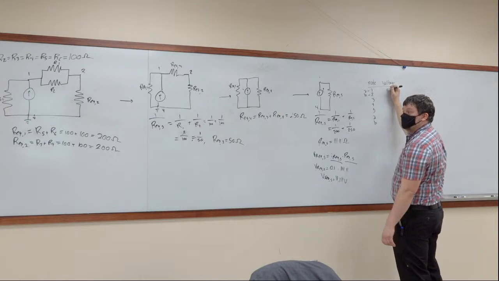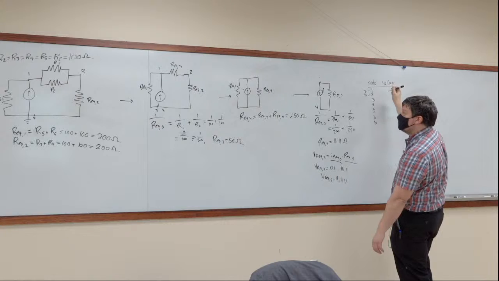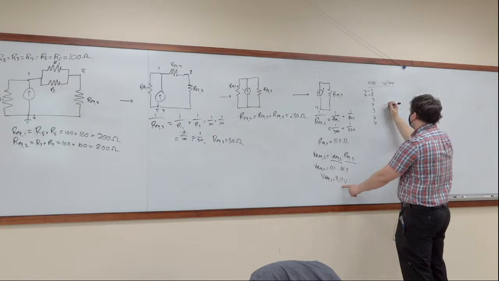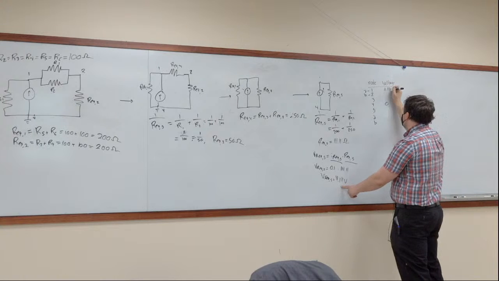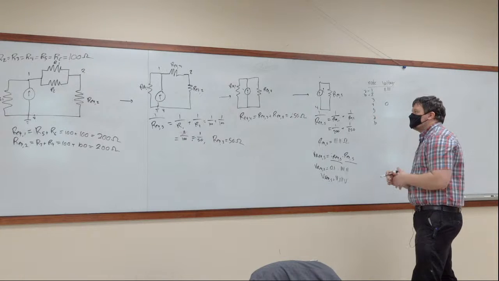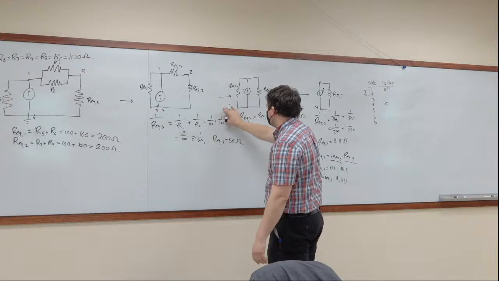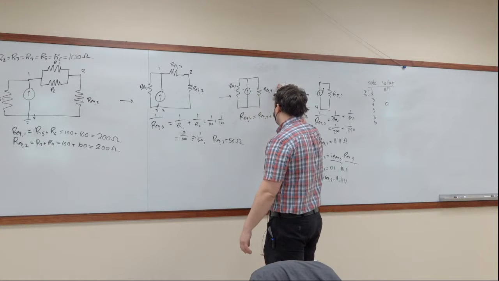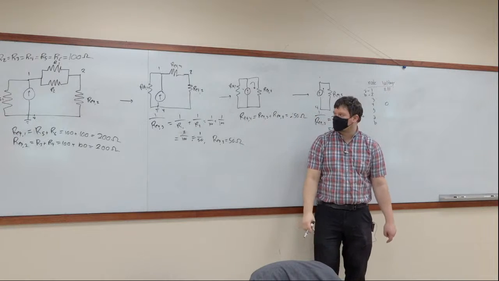I know the voltage at 1 because I just figured that out. Voltage at 4 is 0. Voltage at 1 has to be 11.111 volts, okay? Sweet. So then the next step is we have to take one step back in this circuit and figure out how much current is going through this portion of the loop, okay?